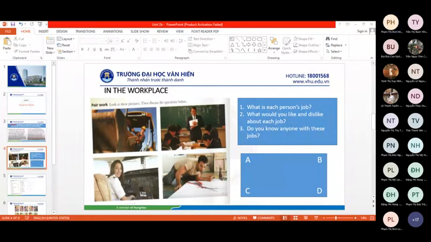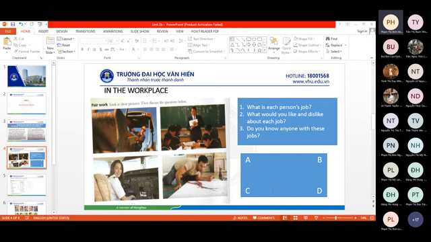Okay, good. And where does the teacher work? I think the teacher is working in a high school or secondary school. Yes, in a school. Maybe he works in a language center.